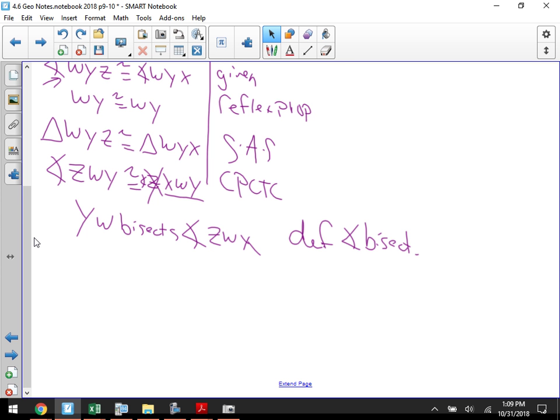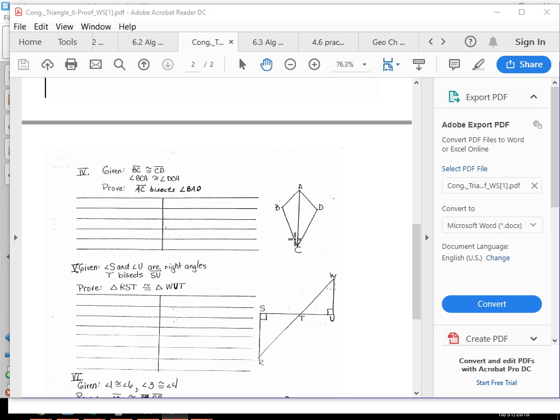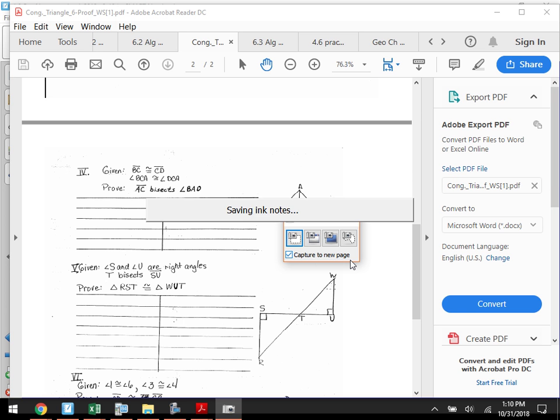We have a couple of minutes here, so why don't we start on number 4 and see how you go. One other thing with this, guys, just because there are so many lines does not mean that you have to have that many lines or that many statements and reasons.